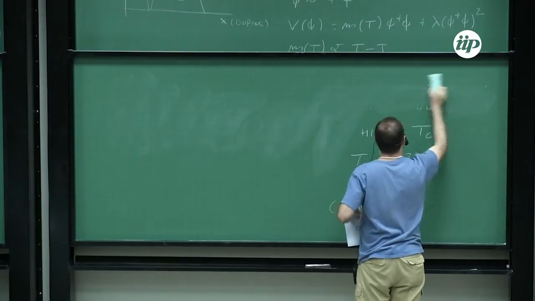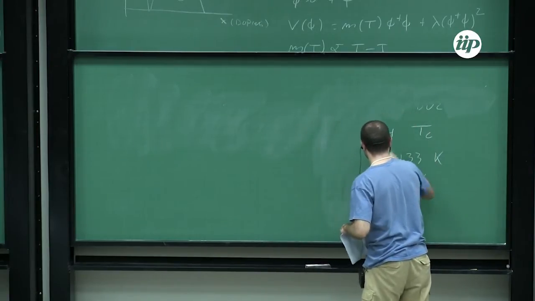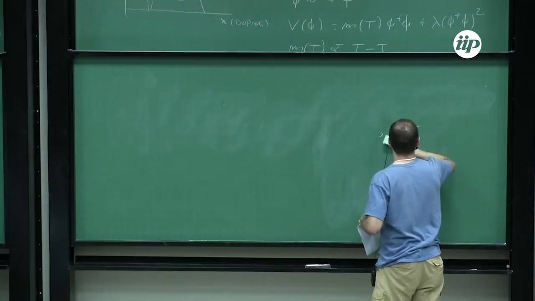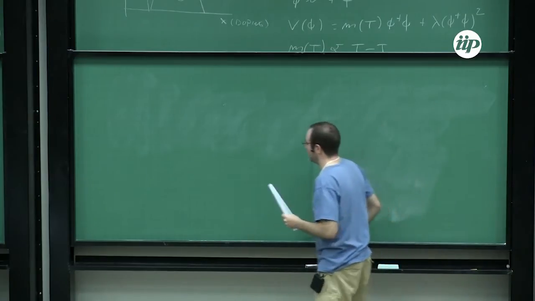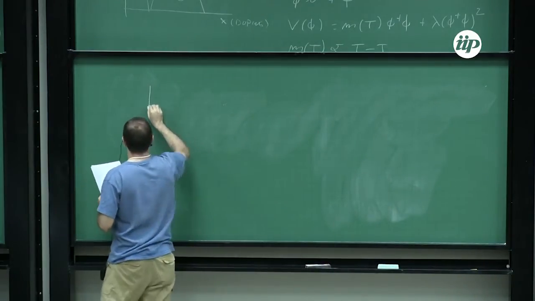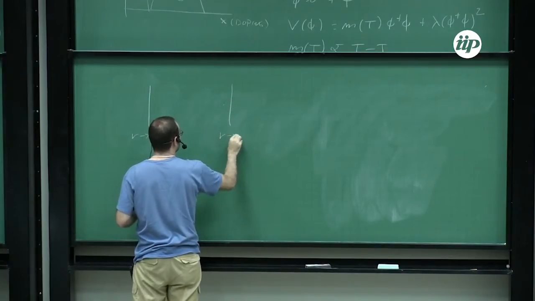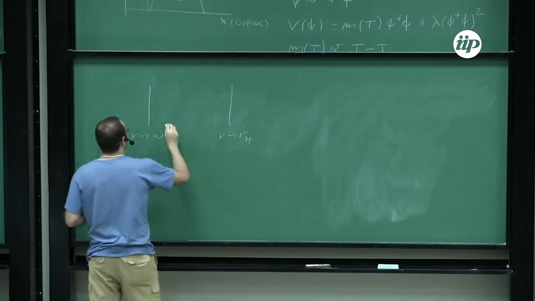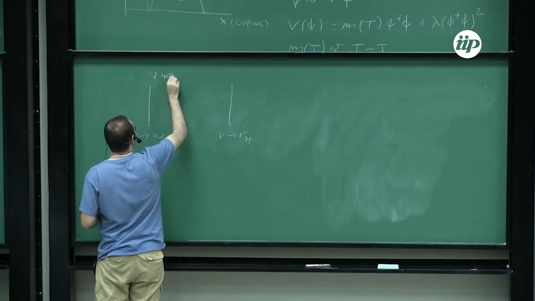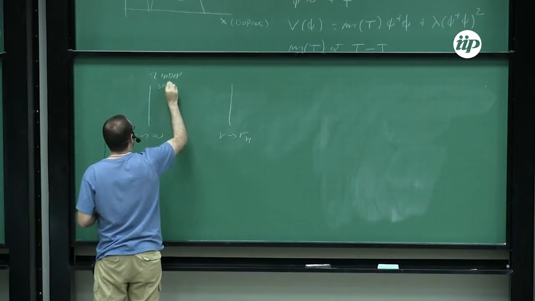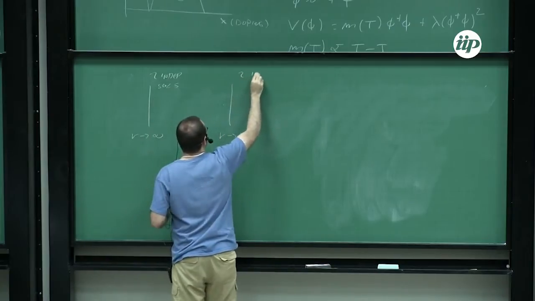We are trying to solve a second order linear differential equation with regular singular points, and the boundary and the horizon are these two points of the differential equation. There are two independent solutions here and two independent solutions here.